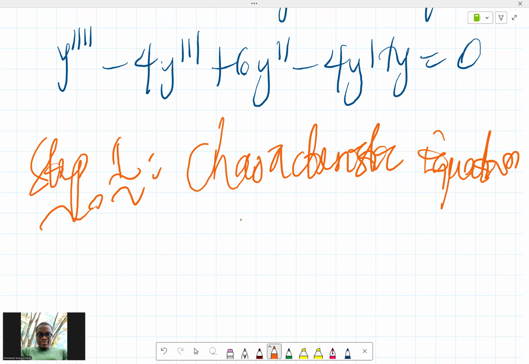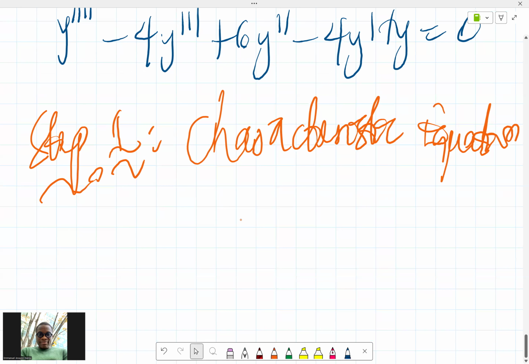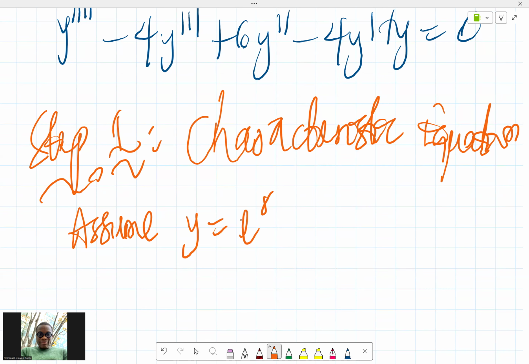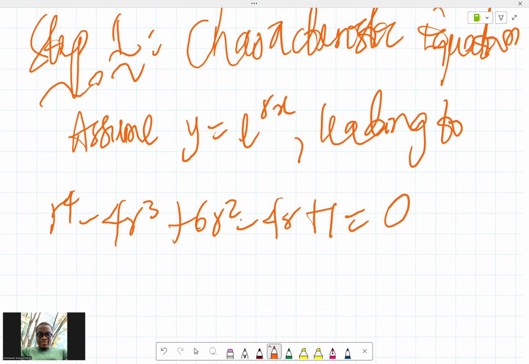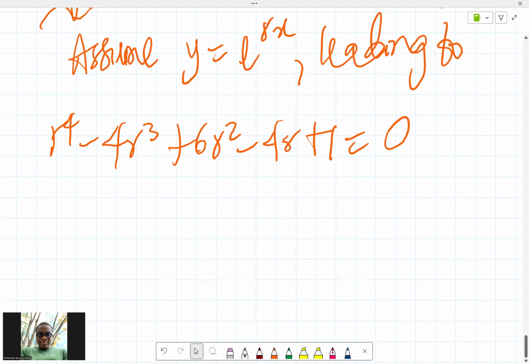If we assume, just like I said earlier, y is equal to e raised to rx, this leads to r to the 4 minus 4r cubed plus 6r squared minus 4r plus 1 equals 0.